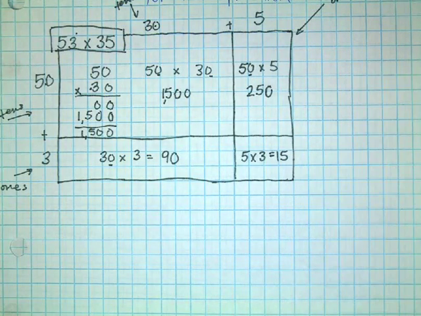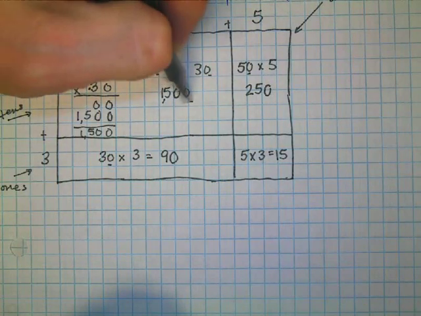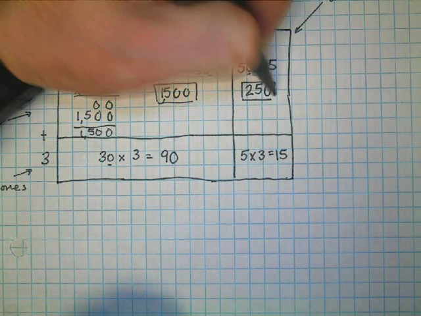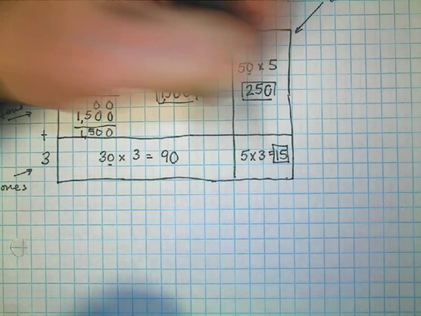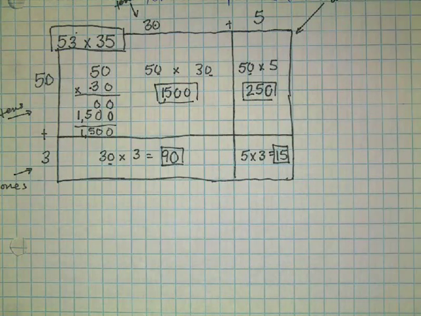Now, we're not done yet, because this gave us our basic multiplication partial products of 1,500, 250, 15, and 90. Now we need to add these all together so we can get our total product for this multiplication problem.